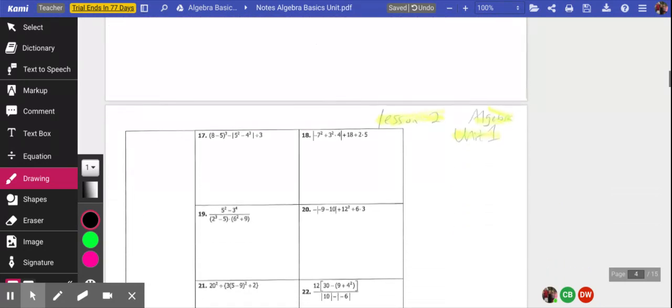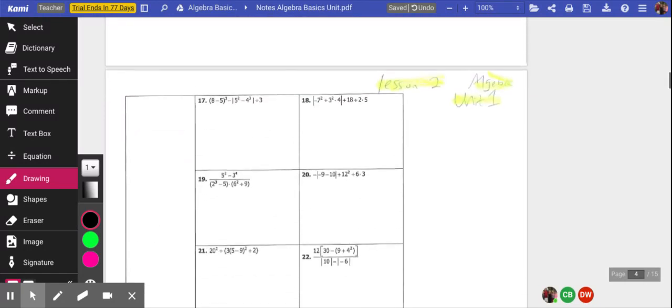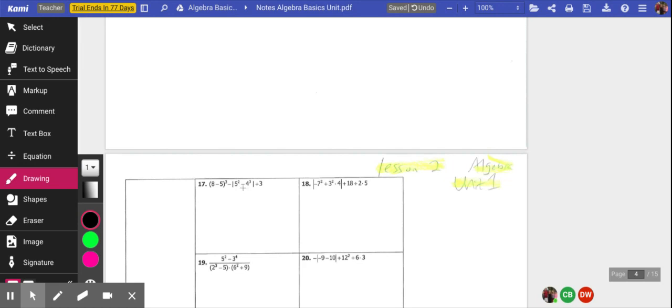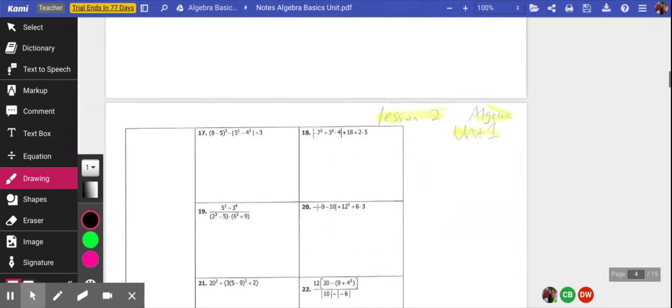Okay, so really it's just taking your time and going step by step. On some of these, remember, you're going to do the exponents first here and then do absolute value. This one, you got to do what's inside first and then do the exponent. So again, we really don't want you to use your calculator because we want you to practice your computation skills.